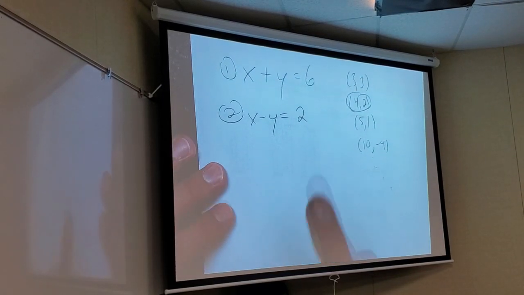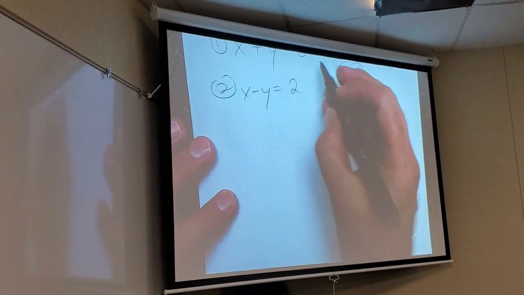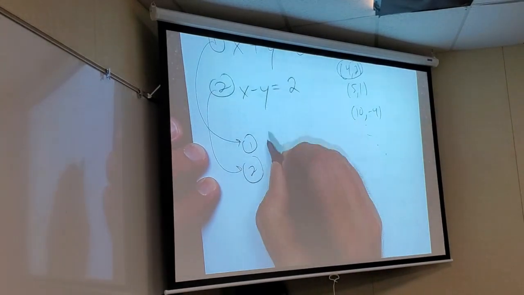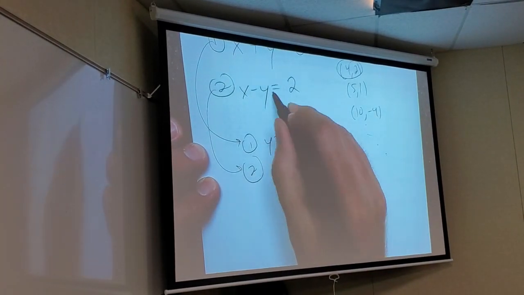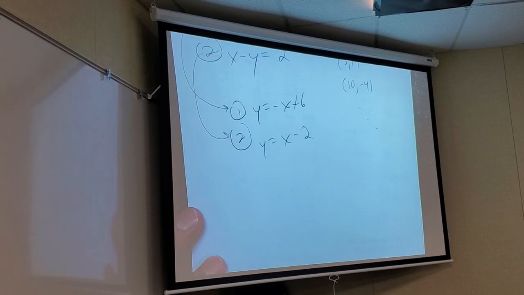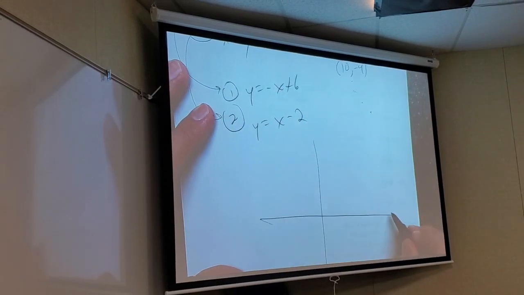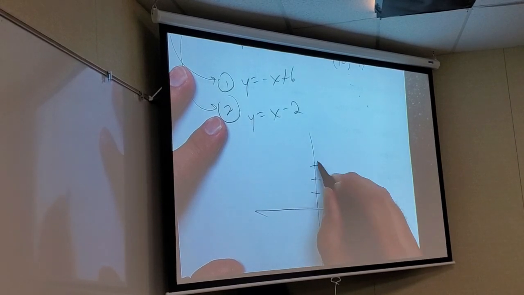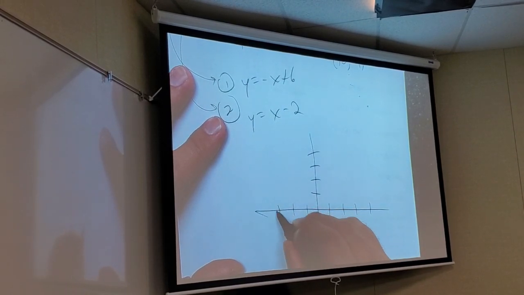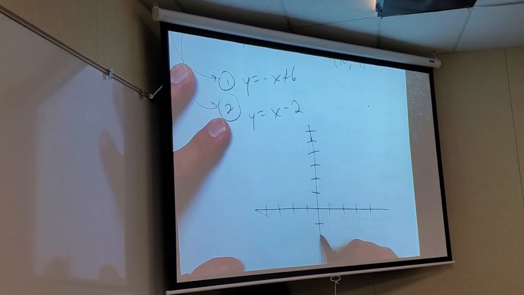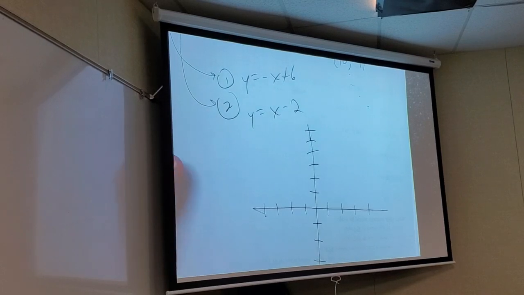If I graph both of these, let's take a minute. Here, I'll do this. Solve for y, I get -x plus 6. Solve for y, I get x minus 2. Can you graph those for me on the same axes? Try to be a little better than me at scales. Jeff, you're going to have to go further up, buddy. There it is, my friend.